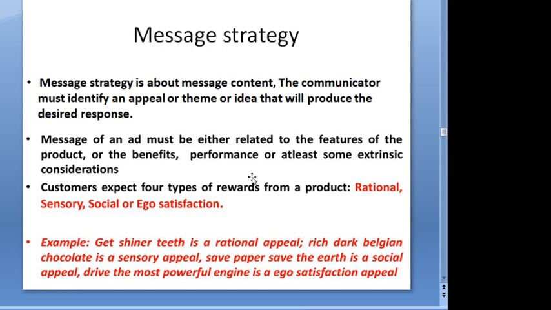Whiter teeth is a rational appeal. Rich dark chocolate is a sensory appeal. Save paper, save the earth is a social appeal. Drive the most powerful engine is an ego satisfaction appeal. So these four appeals are important, and you should use one or more in your ads.